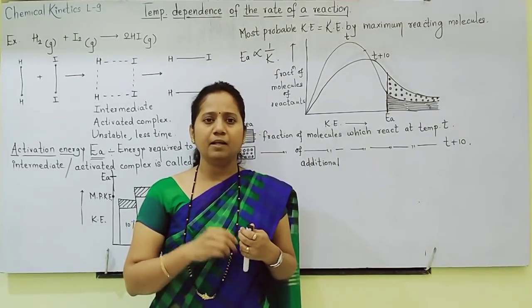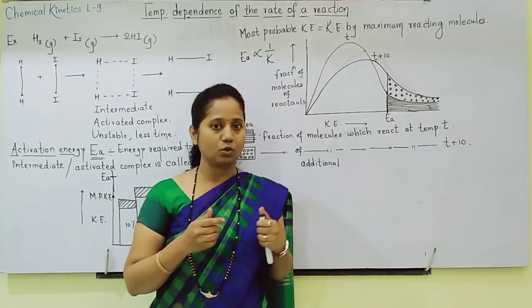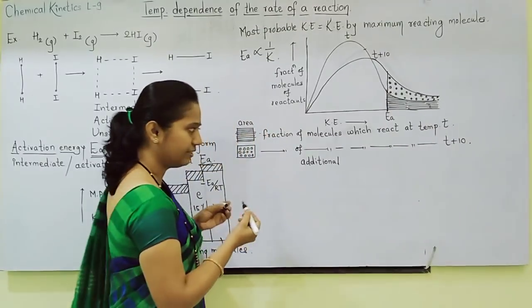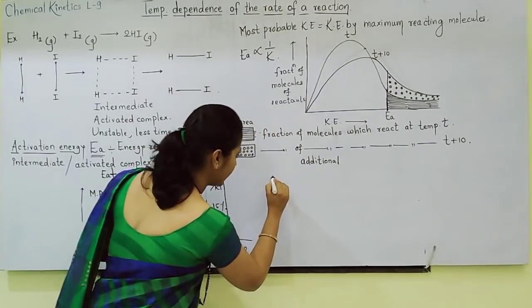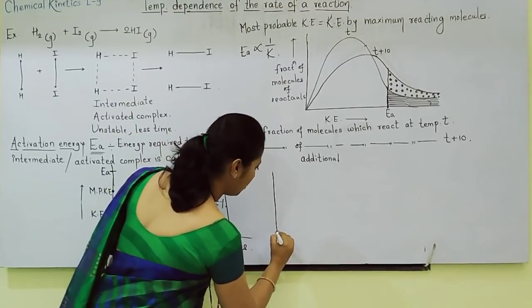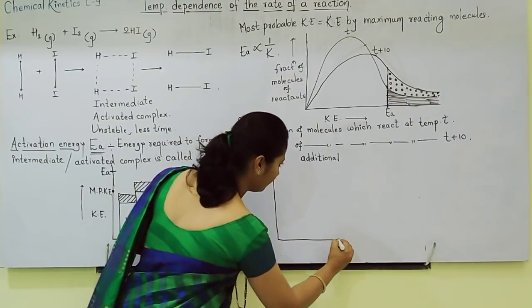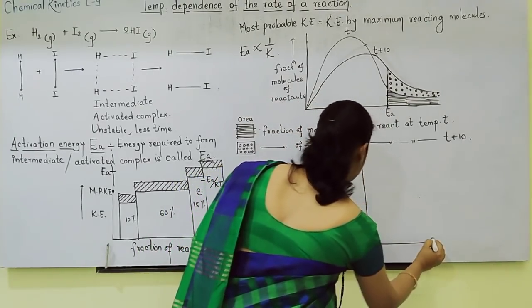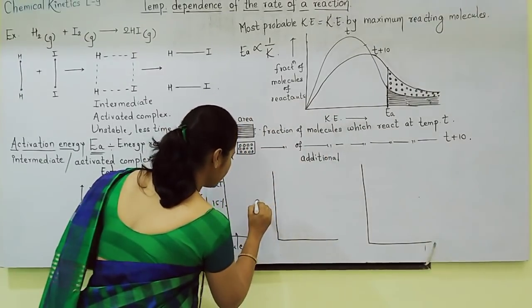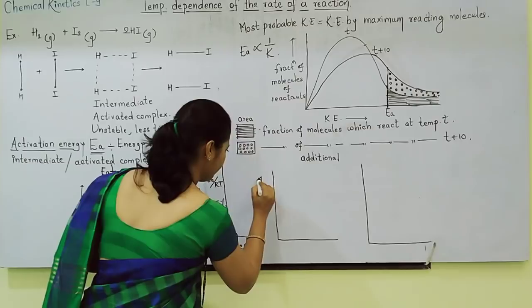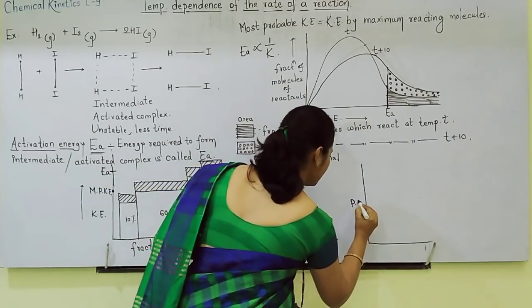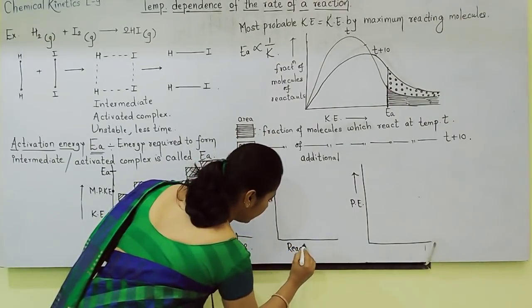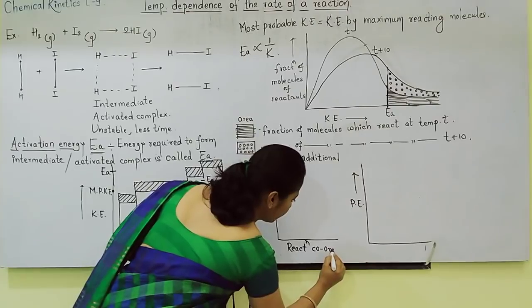Okay, students, sometimes they will give graphs and they will ask you out of this which is activation energy. So two graphs I want to plot, general graphs. Just try to understand these graphs. Both these graphs I will plot for potential energy versus reaction coordinate.